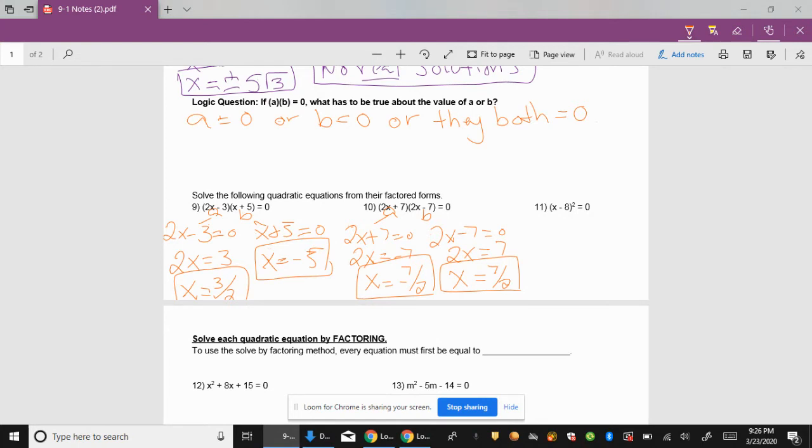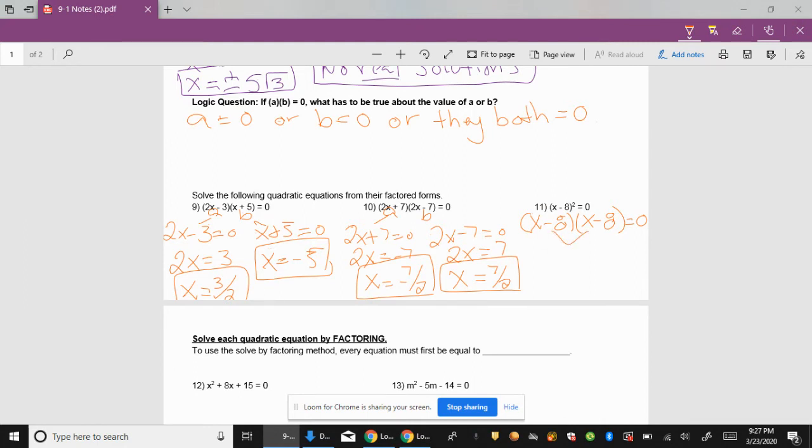Number 11. You guys have seen 11 before. You could technically use the square root method on it, and we're going to talk more about that in another lesson. But we know that x minus 8 squared is the same thing as x minus 8 times itself. So now we have that A times B. Since these are the same thing, you don't have to show it twice.